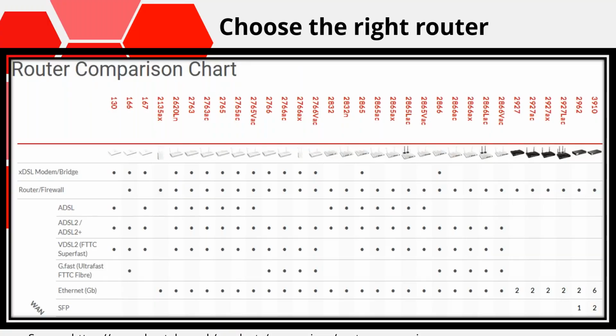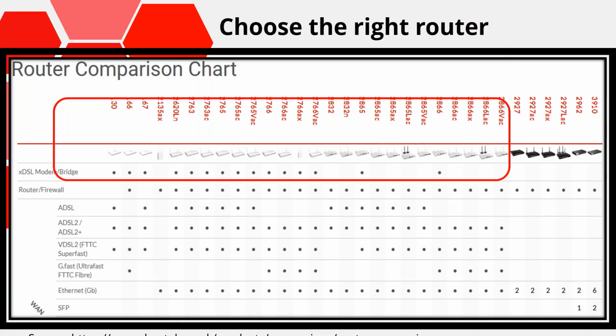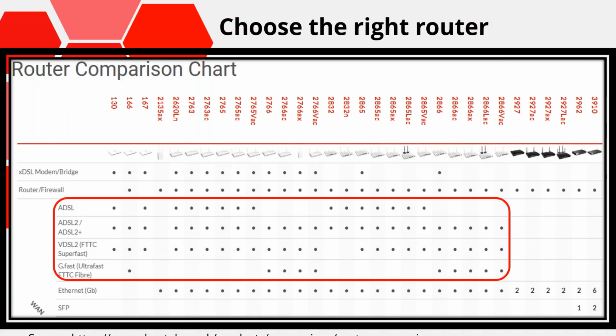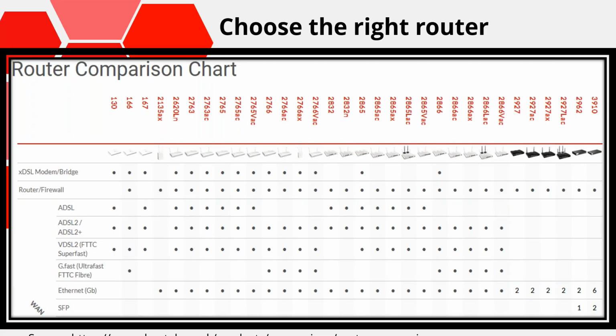So here is our router comparison chart available on the draytek.co.uk website. And you may have noticed that most of the routers come with a built-in DSL modem. However, Vigor routers offer the Ethernet backup option too.